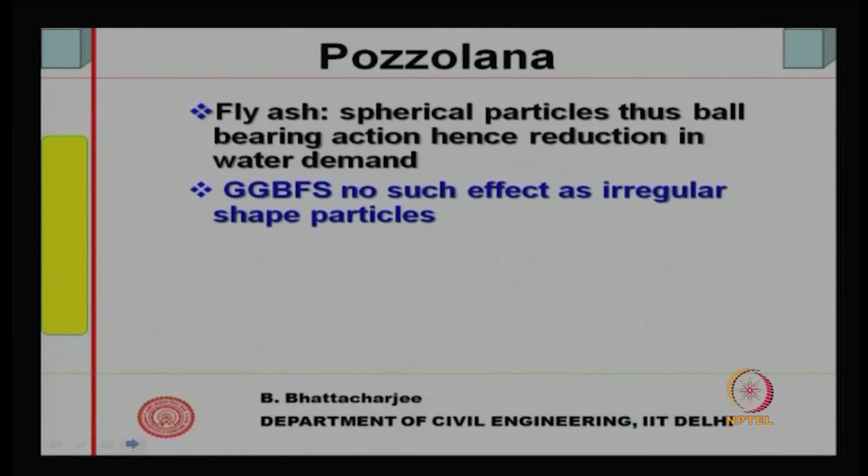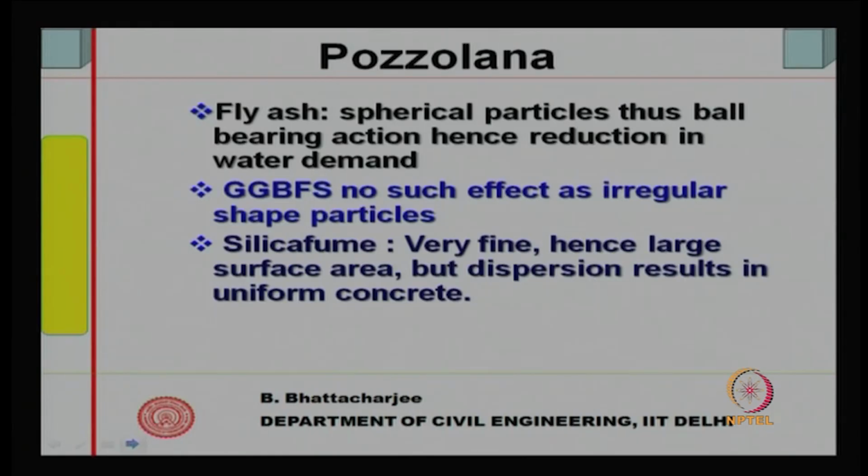GGBFS has no such effect because of irregular shape. Silica fume is very fine with large surface area, but dispersion results in uniform concrete. Fly ash almost acts like a plasticizer, not to that extent, but the water-reducing effect is very much there.